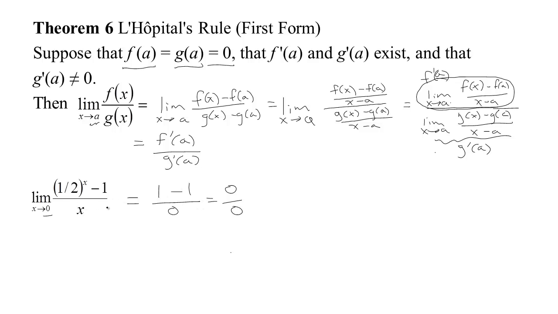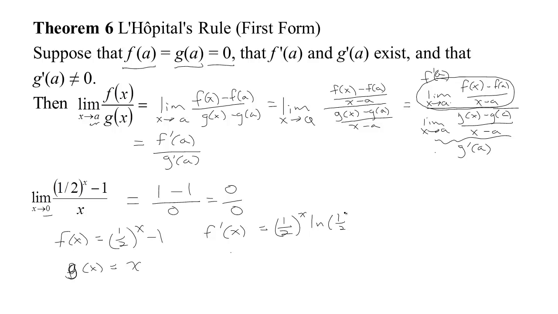Let's see how that applies in this case. We already got 0 over 0. We can see that the numerator function is (1/2)^x minus 1, and it's going to 0 when you plug in 0. And the denominator function, in this case, is x. So we calculate the derivative of the numerator. When you have a constant to a variable, that's an exponential function. The derivative is going to be (1/2)^x times the natural log of 1/2.